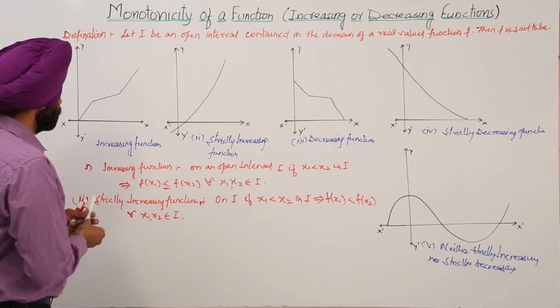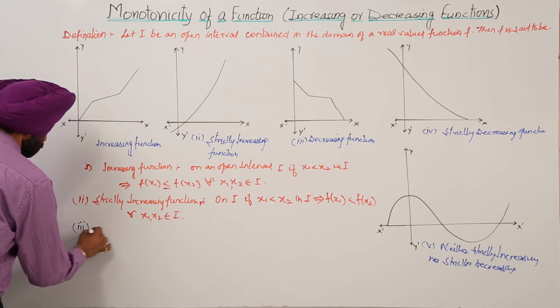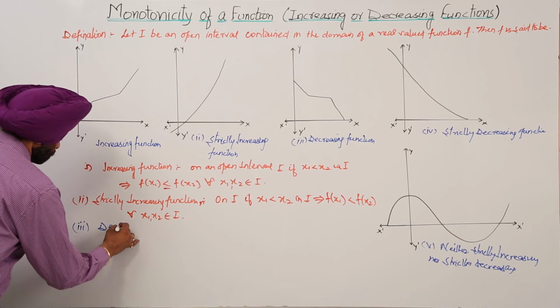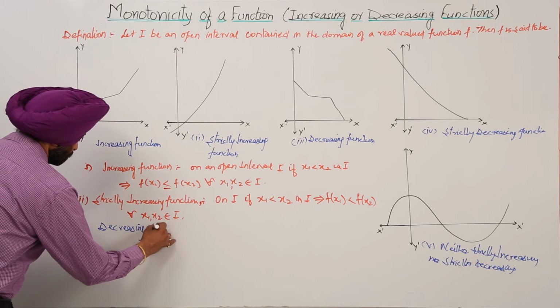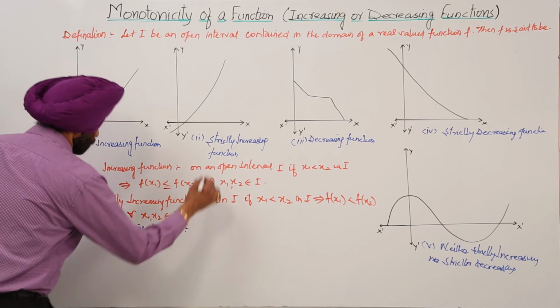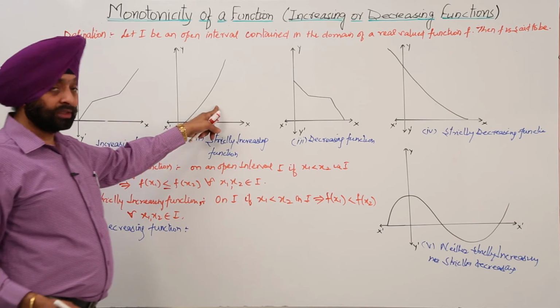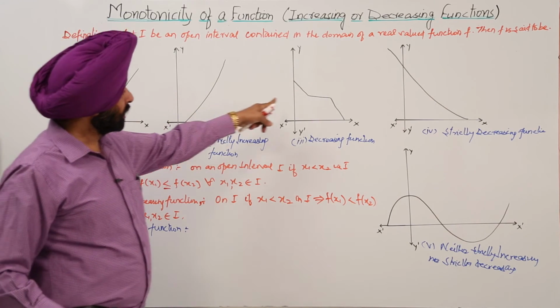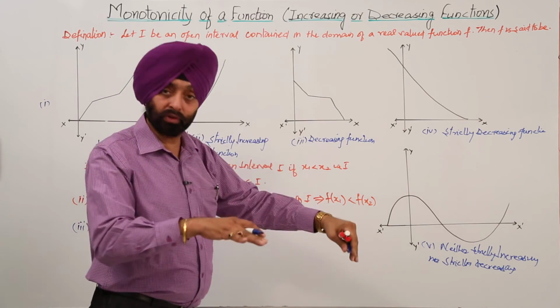Then we are having decreasing function. Increasing function, this one, decreasing function, strictly increasing function, not decreasing function. Okay, from top to bottom we are coming like this for the decreasing function.